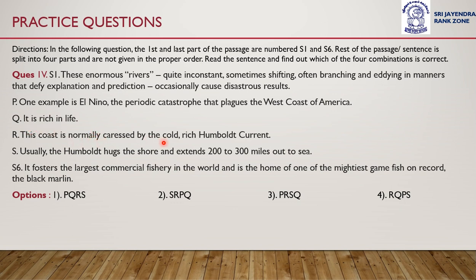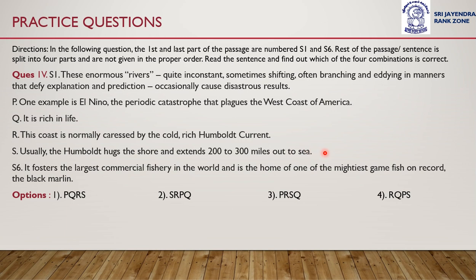Then, this coast is normally crashed by the cold rich Humboldt Current, or R. After PR, R should be followed by, usually the Humboldt hugs the shore and extends 200 to 300 miles out to sea.